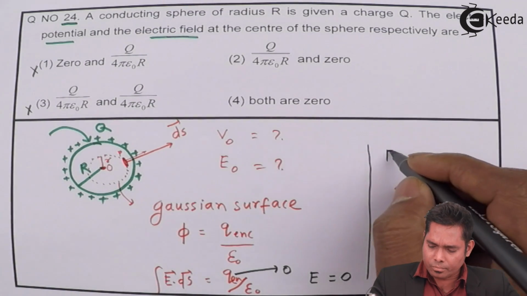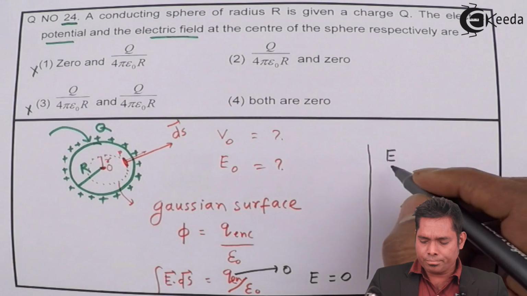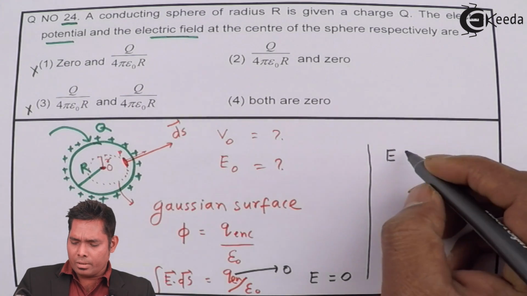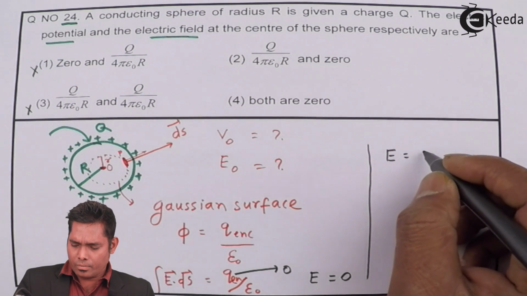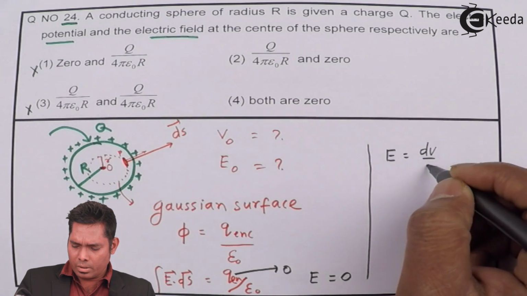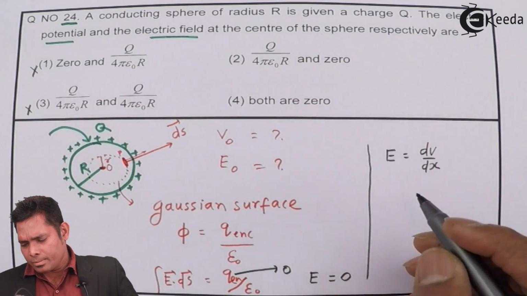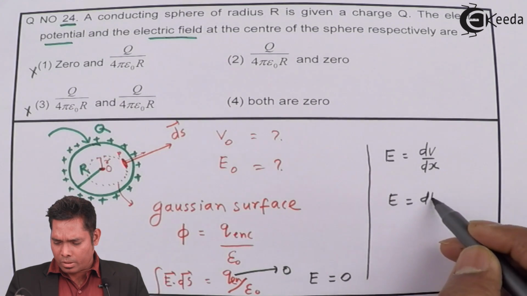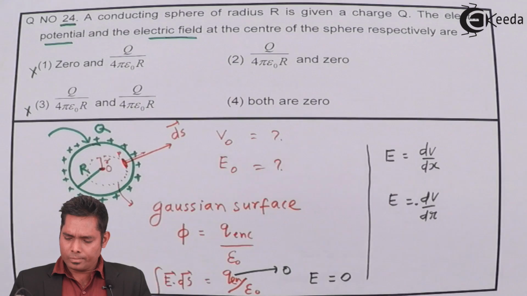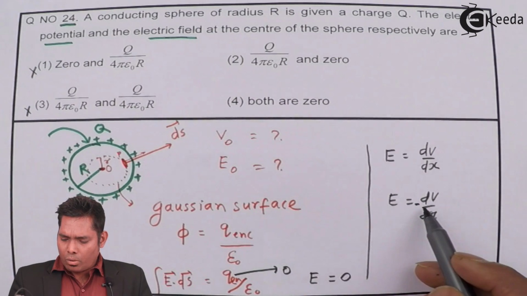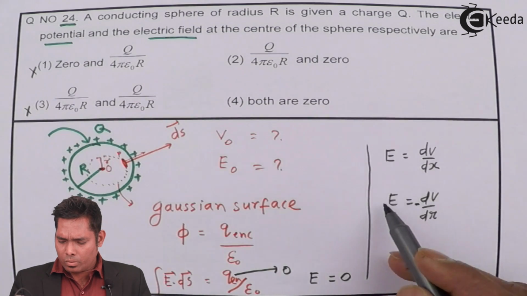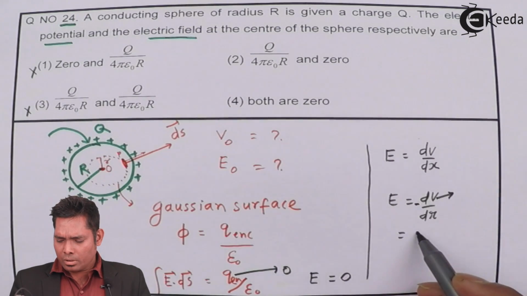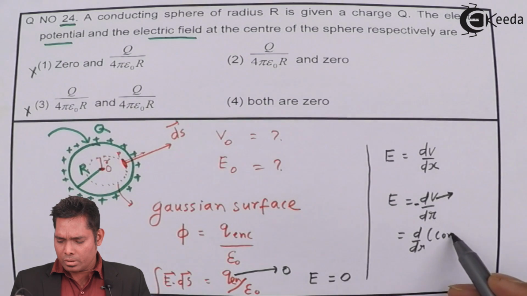We know that the electric field is negative of dV over dx, or I can also write it as negative dV over dr. So if this is 0, it means V has to be constant, because d by dr of any constant is 0.